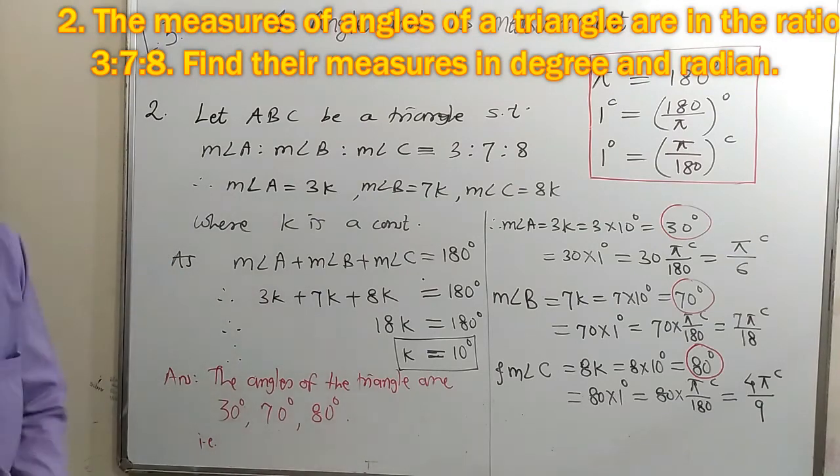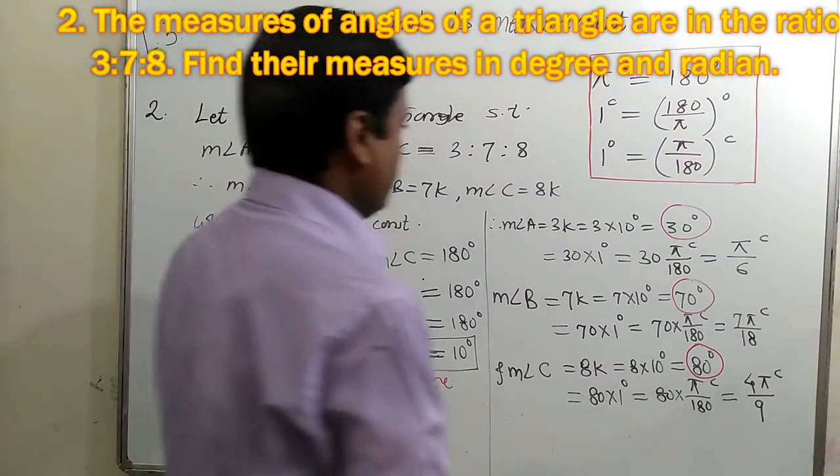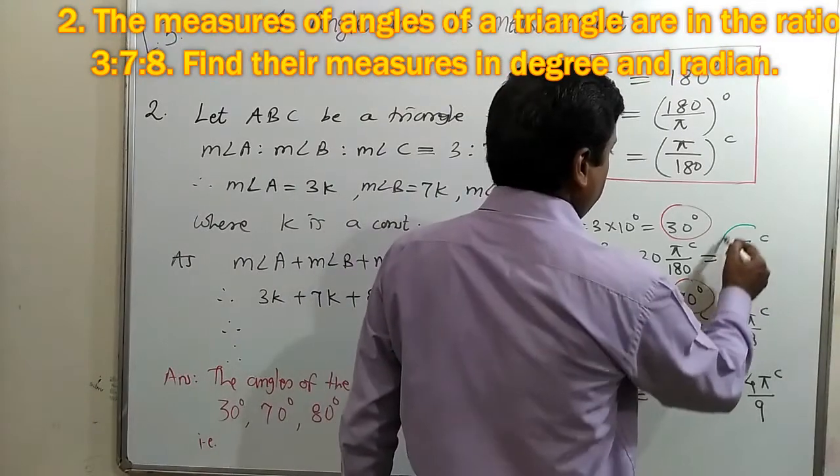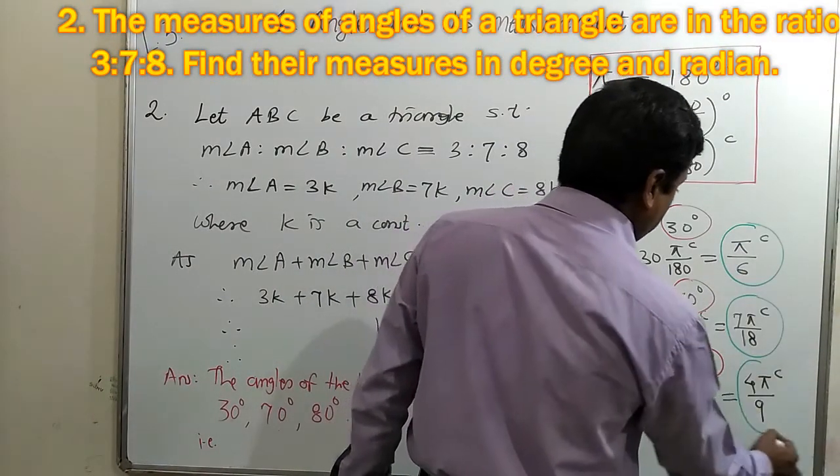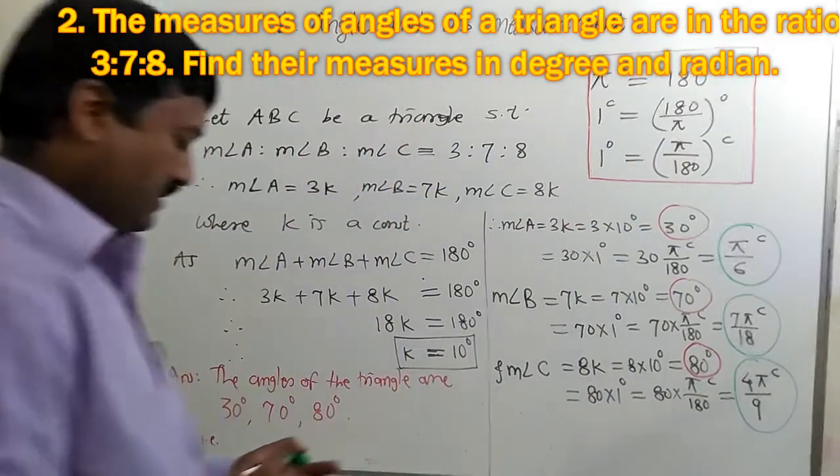That is, the angles in radian are pi by 6 radian, 7 pi by 18 radian, and 4 pi by 9 radian.